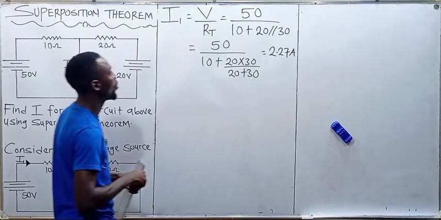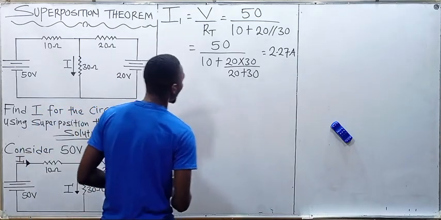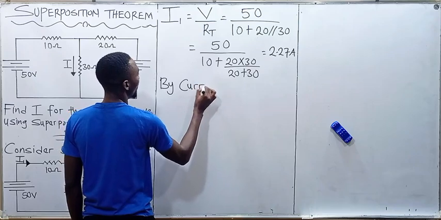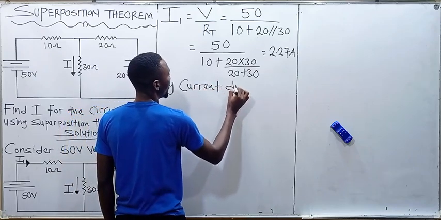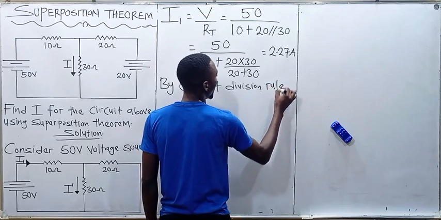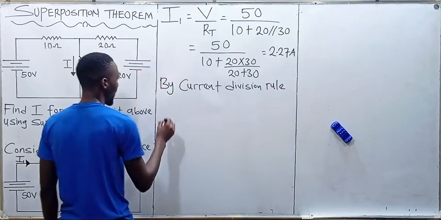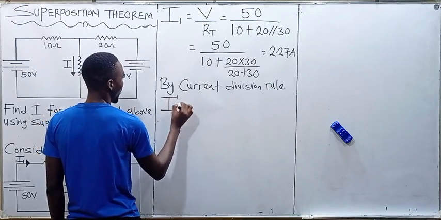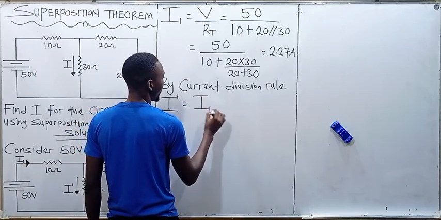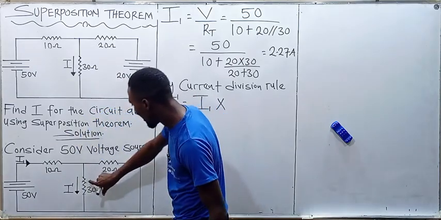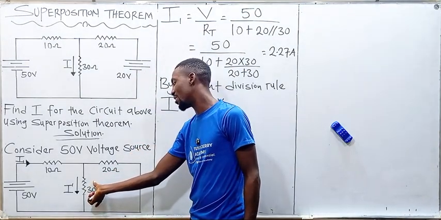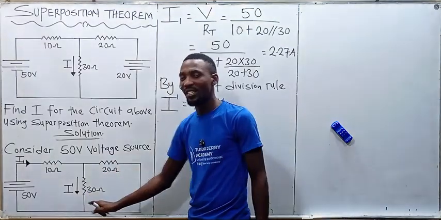Now, for us to get the value of I prime, we are going to use the current division rule. So by the current division rule, our I prime will be the total current entering, which is I1, multiplied by, if you look at this, our 30 ohms here and the branch that is parallel to this branch is 20 ohms, right?